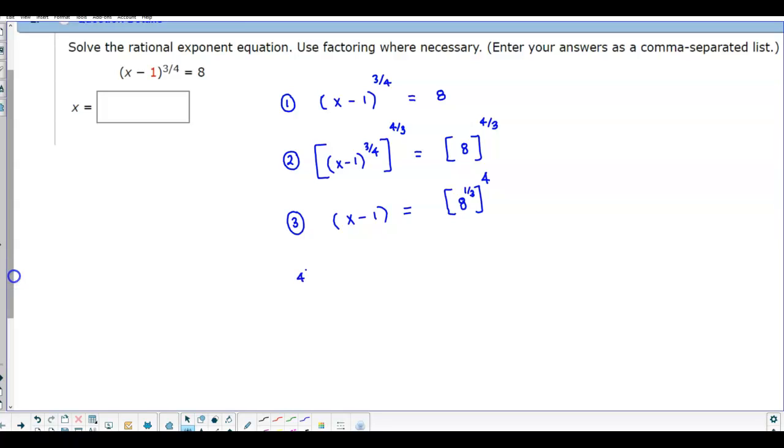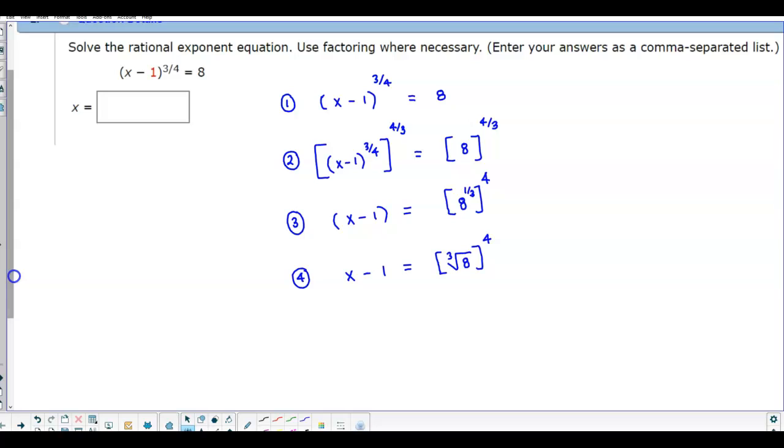Now on the left side we have x - 1. And recall that 8 to the 1/3 is the same thing as the cube root of 8, and then we're going to raise that to the 4th power.